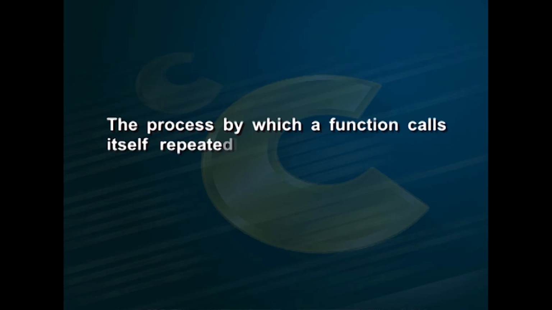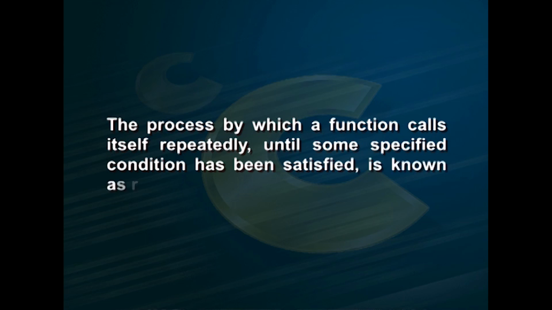The process by which a function calls itself repeatedly until some specified condition has been satisfied is known as recursion. The process is used for repetitive computations in which each action is stated in terms of a previous result. In order to solve a problem recursively, two conditions must be satisfied.